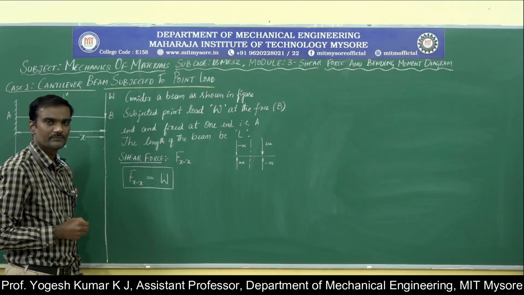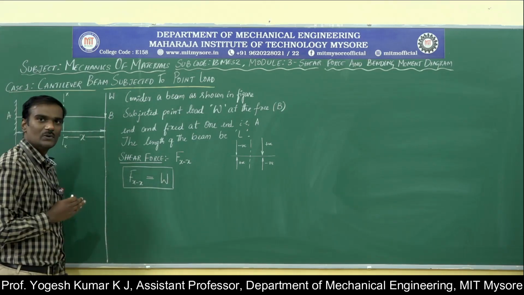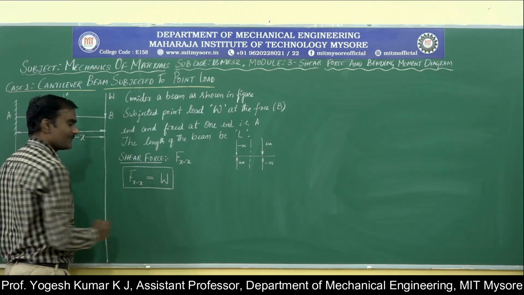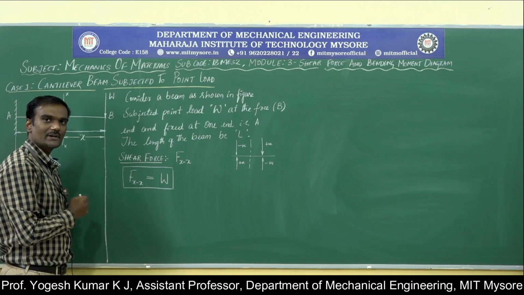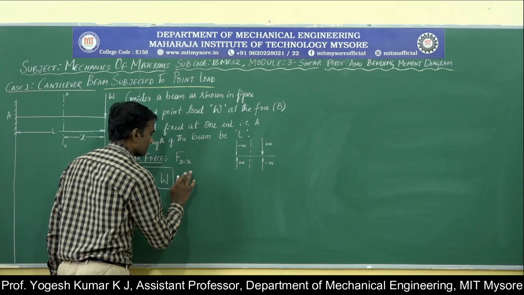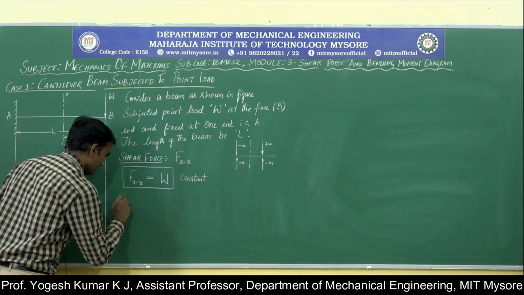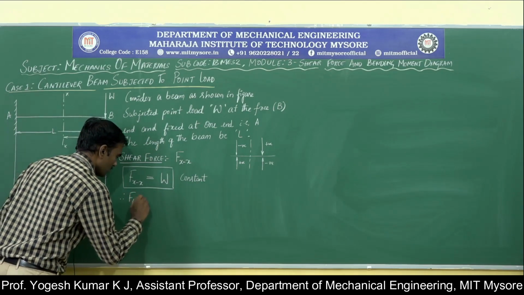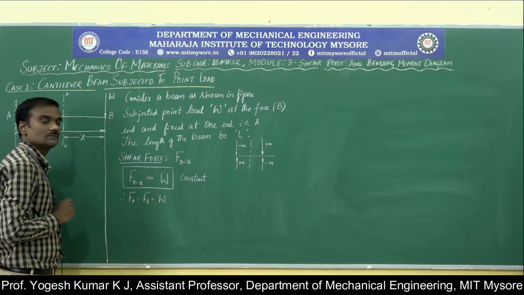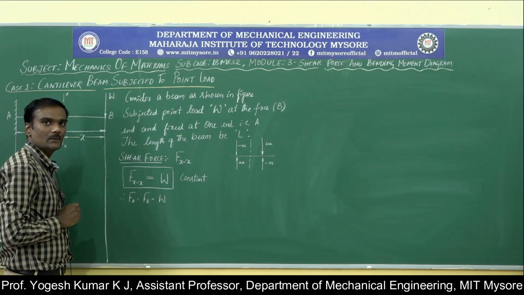No. I will take this section to point A. Will that influence the shear force? No. Since that does not influence the value of shear force, whether at point A or at point B, we can call this a constant value. Therefore, shear force at point A and shear force at point B is W.